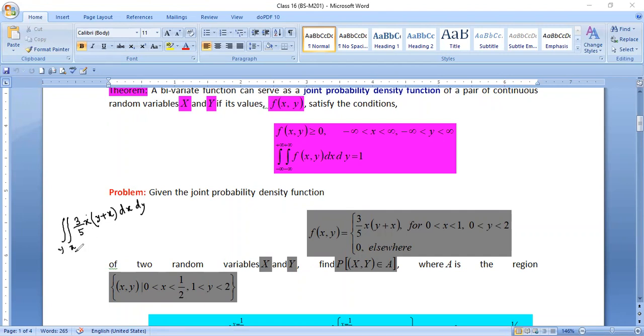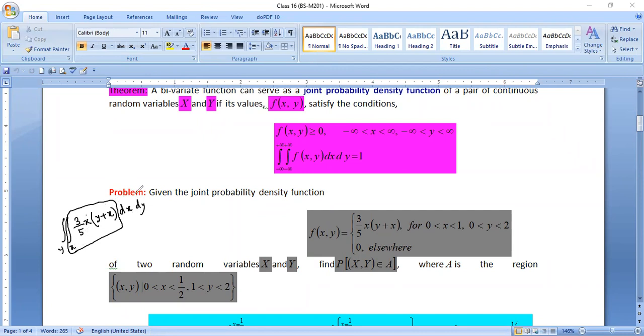So in this case, when you integrate that portion, you are going to integrate this portion first of all. Remember, the variable y will be treated as constant, and you will integrate the thing with respect to dx only. Then you will put the limit of x, and the entire expression will come in terms of y.